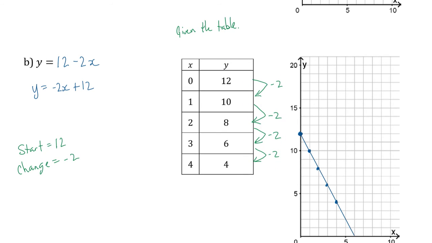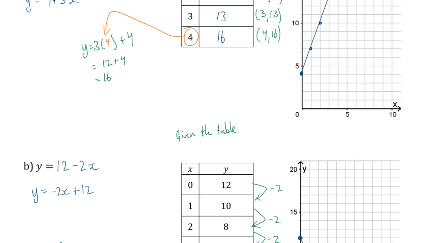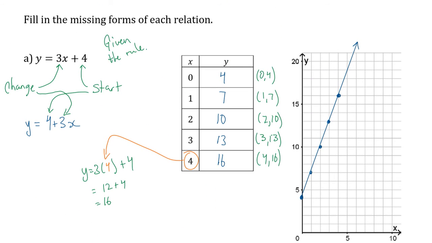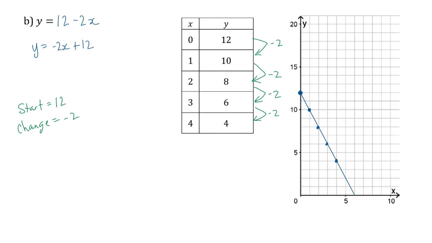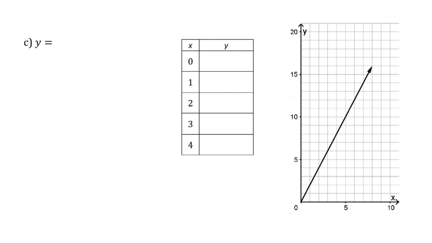My change is negative. I'm connecting all those different ideas with the visual of that line actually going down. Okay, again, we've done lots like that, but today is really neat to compare all the different ways that we can start, given the rule, given the table, given the graph, and how we can go to the other two. And it's really important to be versatile and be able to do all of them.